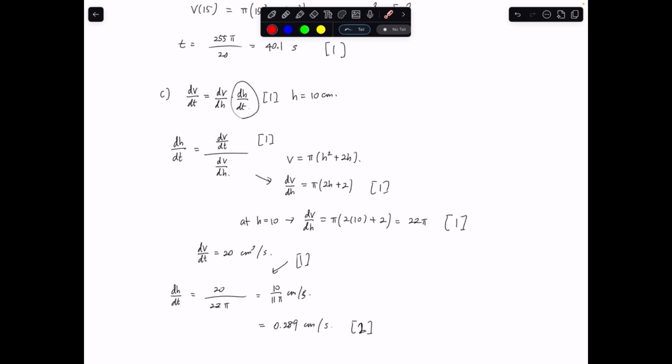Okay, so you don't have to show every single step, but this is the overall flow of point distribution. Okay, so that's it for the 2024 past paper question solution overview.